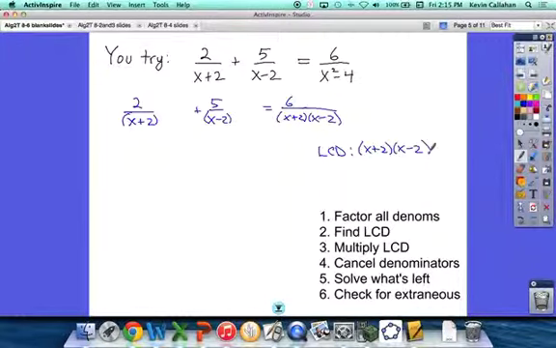That's 2x minus 4, 5x plus 10, 6. That should have been 7x plus 6. Okay, did you check it? Good, and it's not extraneous.